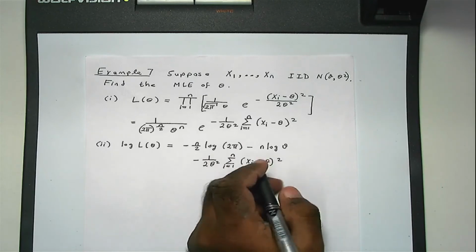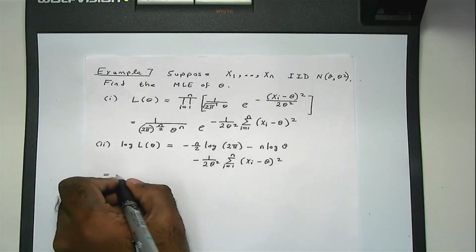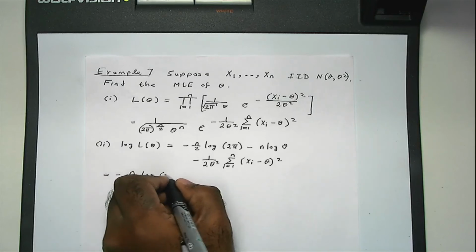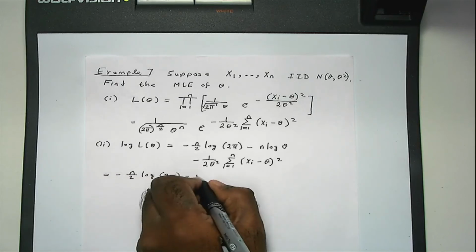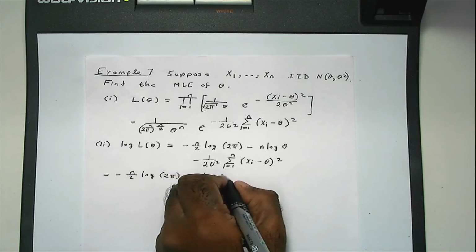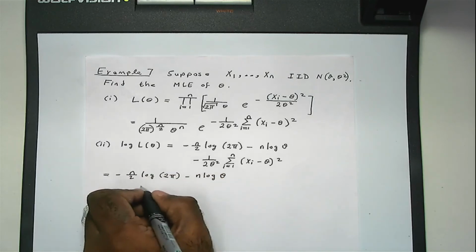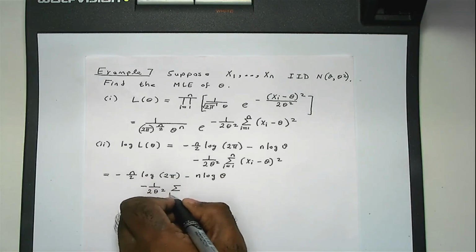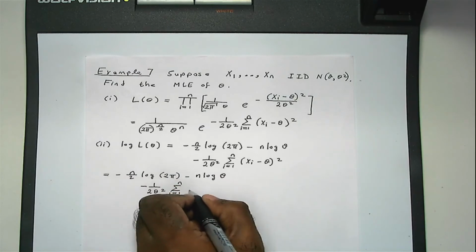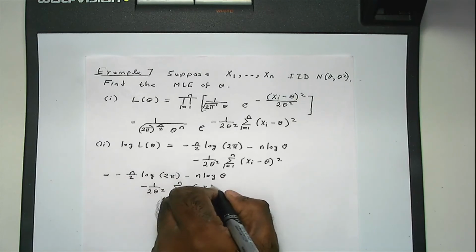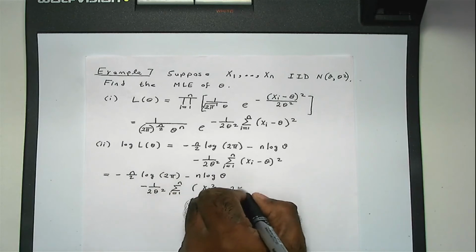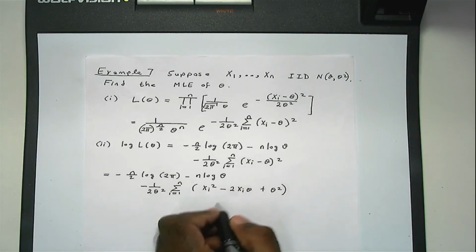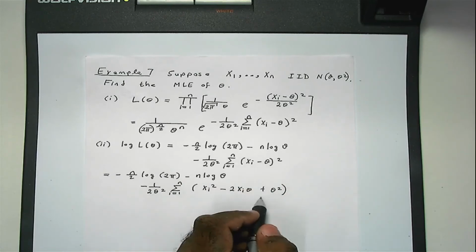So the first term is xi squared, the second term is 2 xi theta, the third term is theta squared. So after opening the brackets you get these 3 terms.